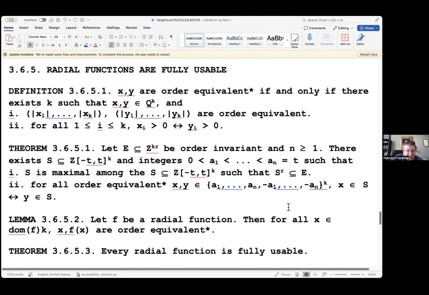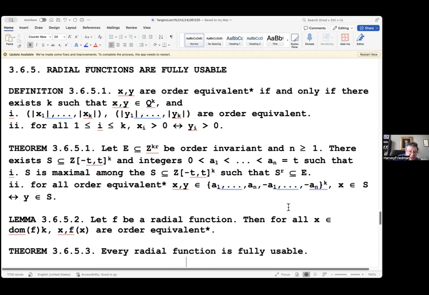Okay, so x and y are order equivalent star if and only if there exists a k such that if you take the absolute values of the sequences, they're order equivalent. And also there's no sign change, so the sequences have the same signs. Okay, so let's bear that in mind with a star equivalence.